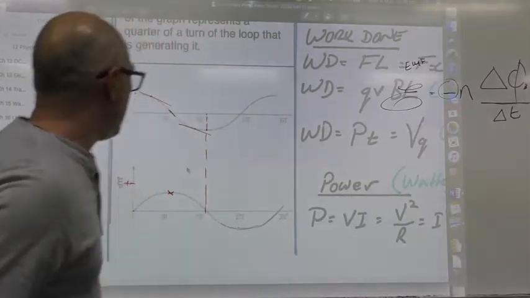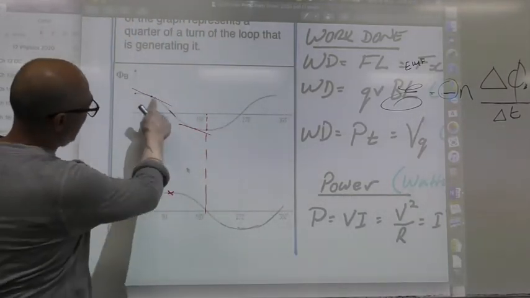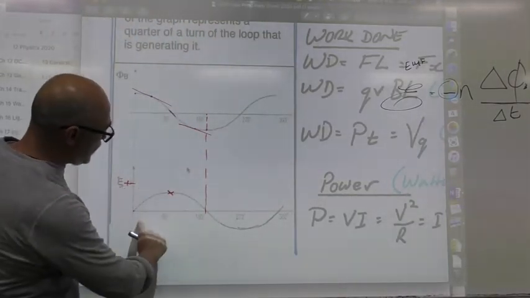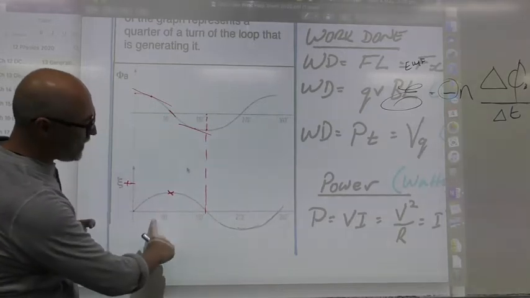So what you're looking at here is a negative gradient corresponds to the positive pulse in the EMF.